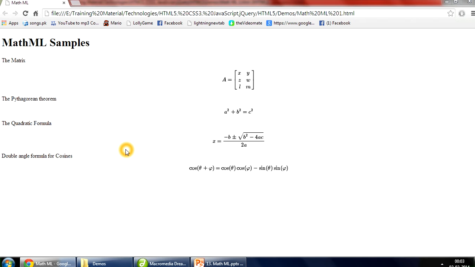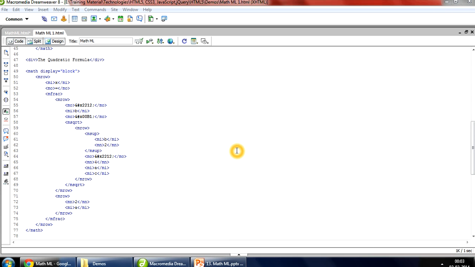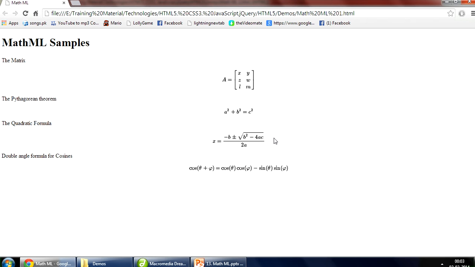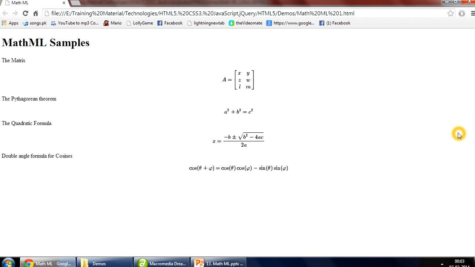Then you have the rows for it. Then b square, then again you have this minus sign. This particular thing is used for minus sign, and this is used for plus minus. Then 4ac. So like this you can write it. Again, the next row in this fraction will be your 2a. So this way you can write your quadratic formula.